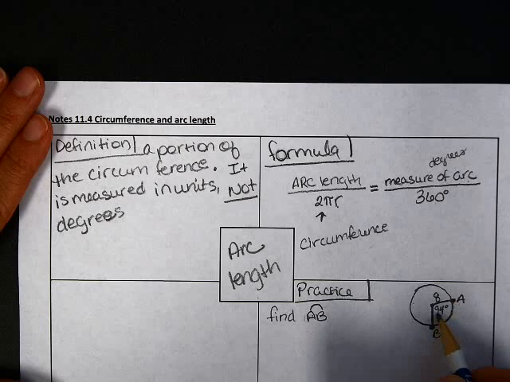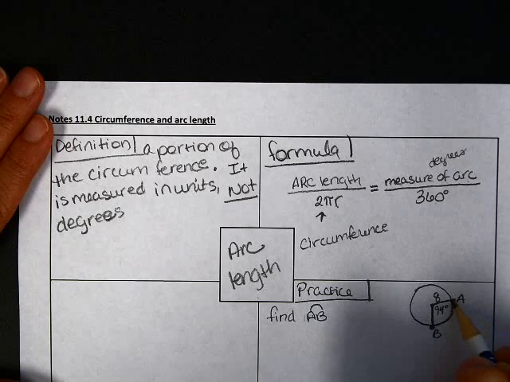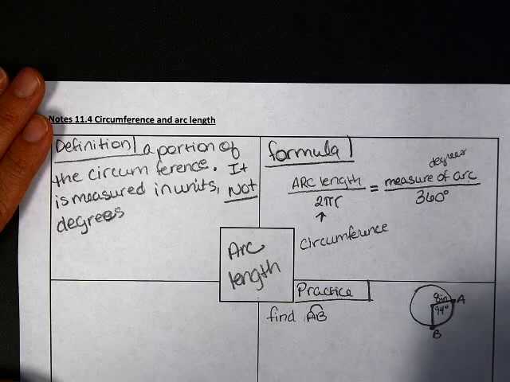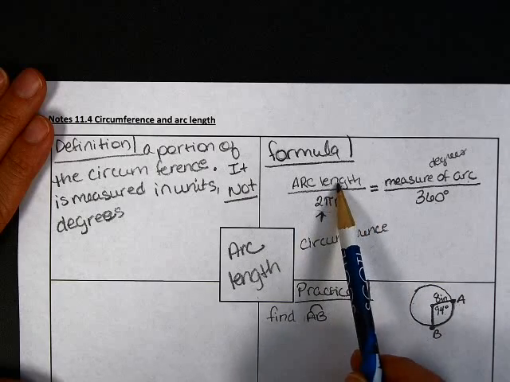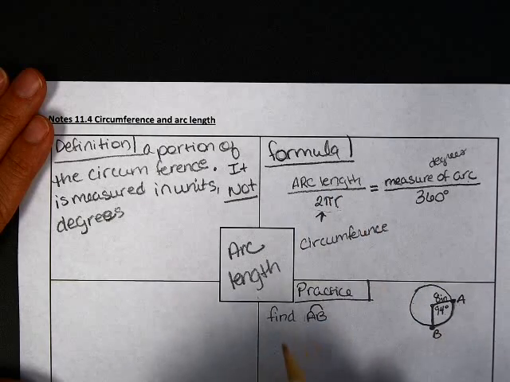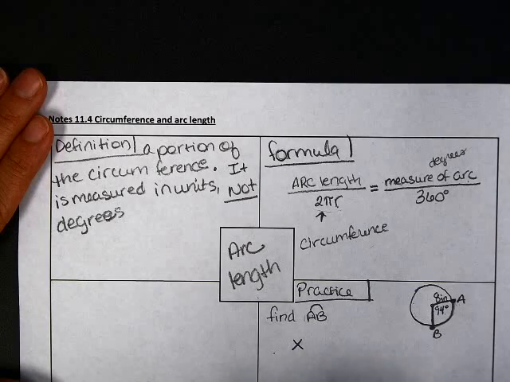Okay, I want to know how long this is. Well, we know its measure is 94, but if the radius is 8 inches, how many inches is this arc? That's what we're looking for, its actual length. So we're going to write the ratio using this formula here. The actual arc length, we don't know, is x.